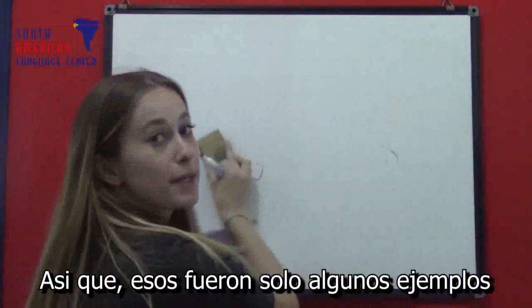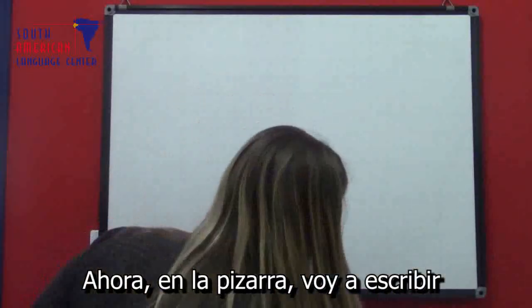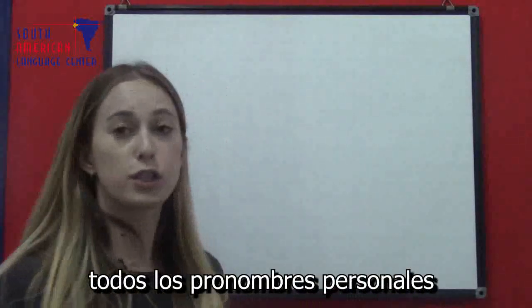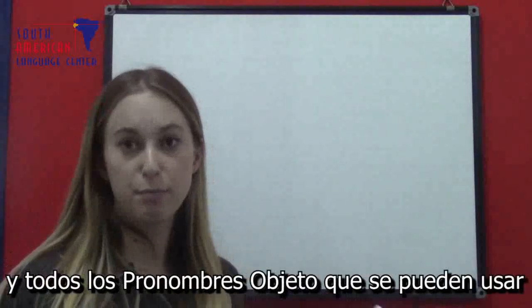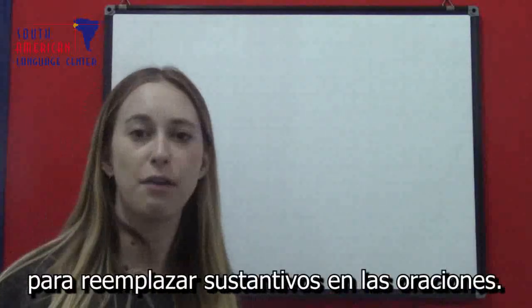So those were just some examples. Now on the board, I'm going to write all of the personal pronouns and all of the object pronouns that you can use to replace nouns in the sentences.